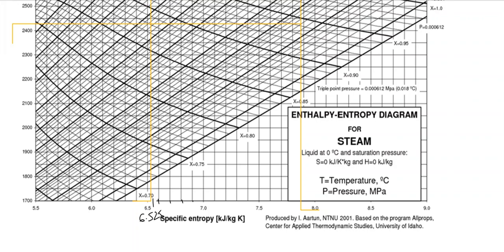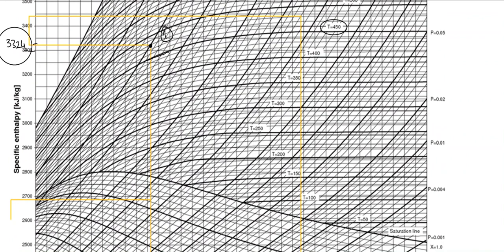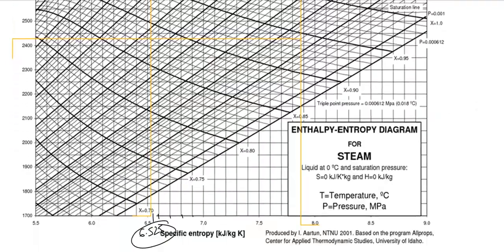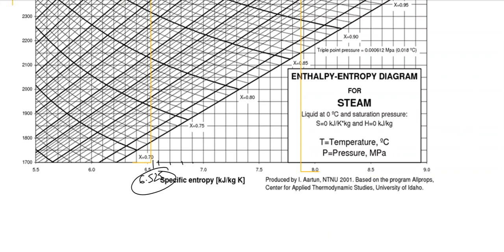So entropy would be 6.525 something. As I said, that is a rougher estimate. You can do it precisely when you are solving this example anyway. So at state 1, the enthalpy H1 is 3324 and entropy is 6.525.